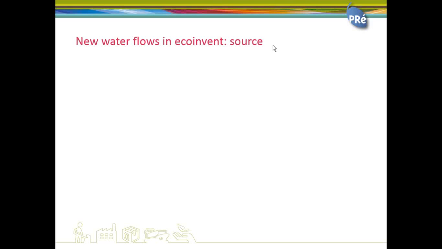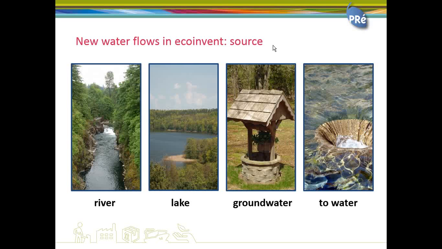So first, starting off with the data and methods. As many of you I'm sure are aware, ecoinvent version 3 has recently been published. It represents a lot of new features in the database. One that we're going to focus on today are the new water flow data. We have some new data here on the source of water, and overall just a better view comprehensively at water and consistently accounting for water throughout the supply chain.